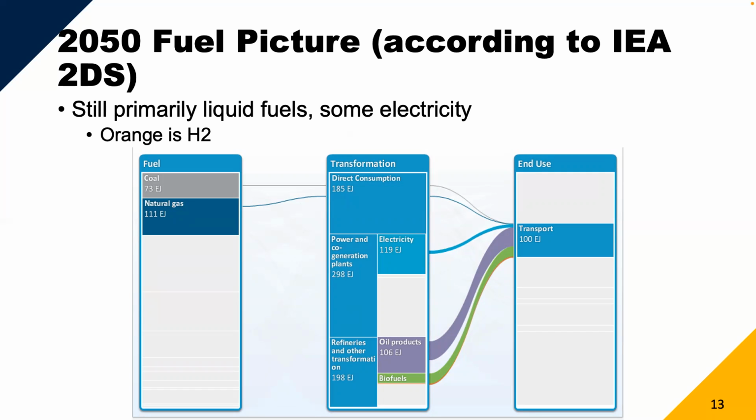Still, the majority of it is coming from oil products, but then we also have biofuels as the energy input. I should also note that the number of miles driven by each of these is not proportional to the thickness of these lines, right?